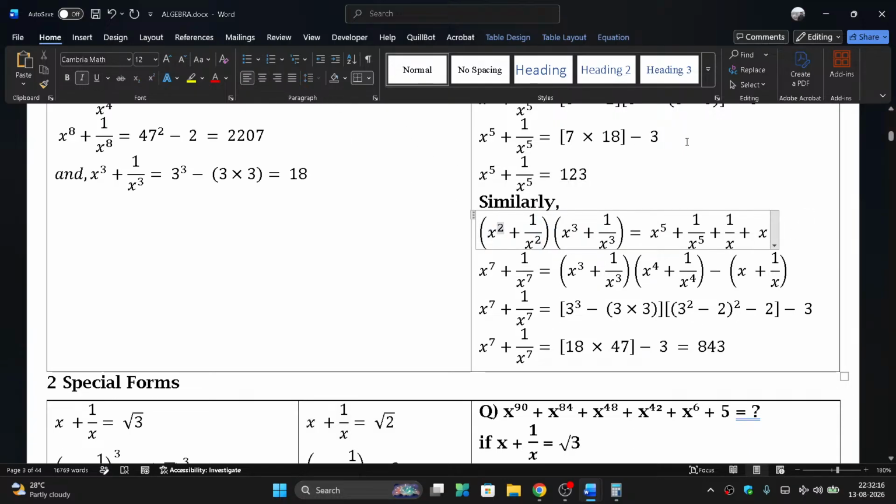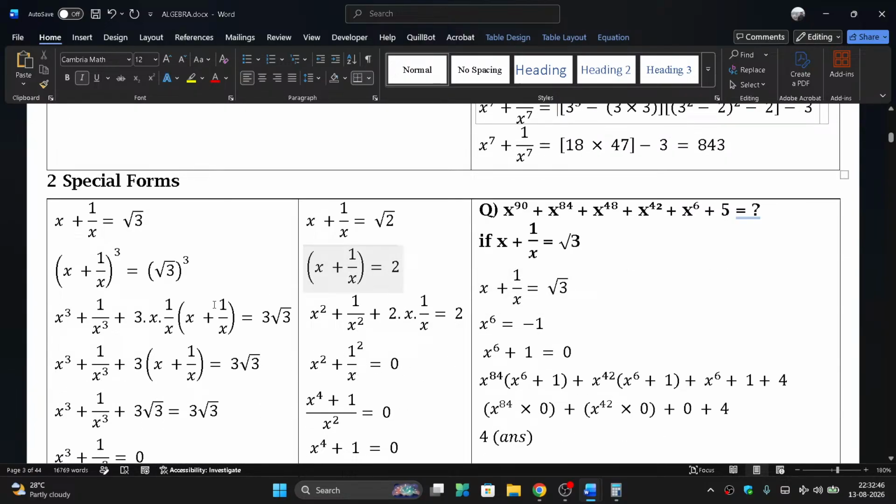Yeah, so here it will be x to the power 4, this is also x to the power 4, and this and this if multiplied would be x to the power 7, this and this if multiplied would be x, this and this would be 1 by x, and this and this multiplied will be 1 by x to the power 7.